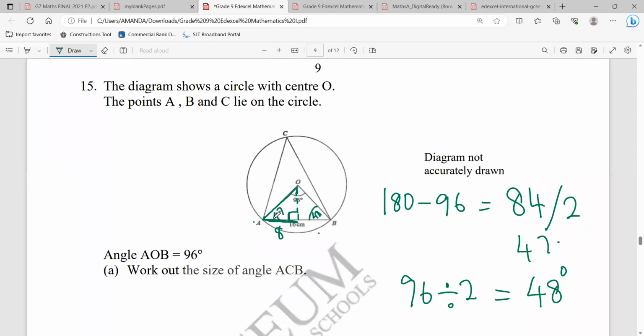So now they are asking for this radius R, AO. Now we have an angle, and we have the adjacent side. SOHCAHTOA, I think we can use that. What do we need to do to find R?